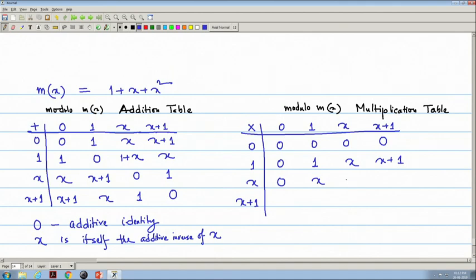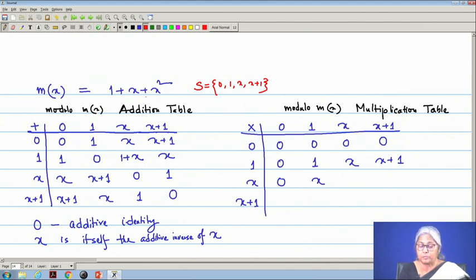Now, see, I do not have any x square in this element, because if I remember, my set S was 0, 1, x and x plus 1. I do not have any x square, because the degree 2 is greater than this mx, which has degree 2.